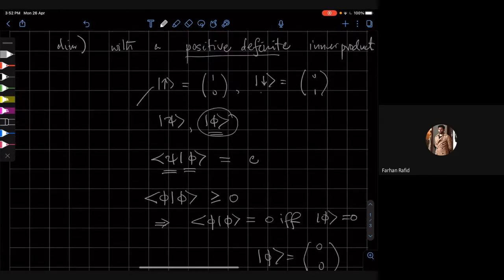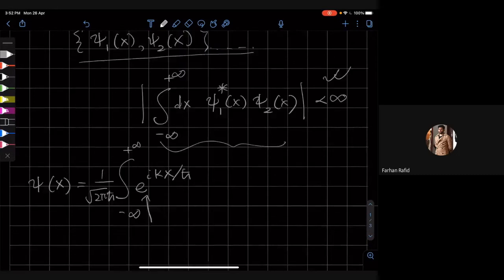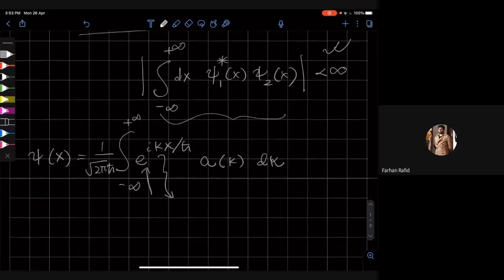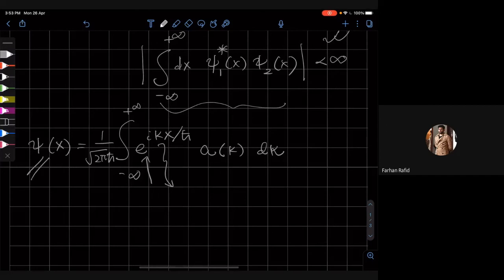And there are an infinite number of them because k, the momentum vector, can be any real number. And then a is the coefficient of the linear combination, then dk. So this is just saying any vector in your infinite dimensional vector space can be expressed as a linear combination of these basis vectors.